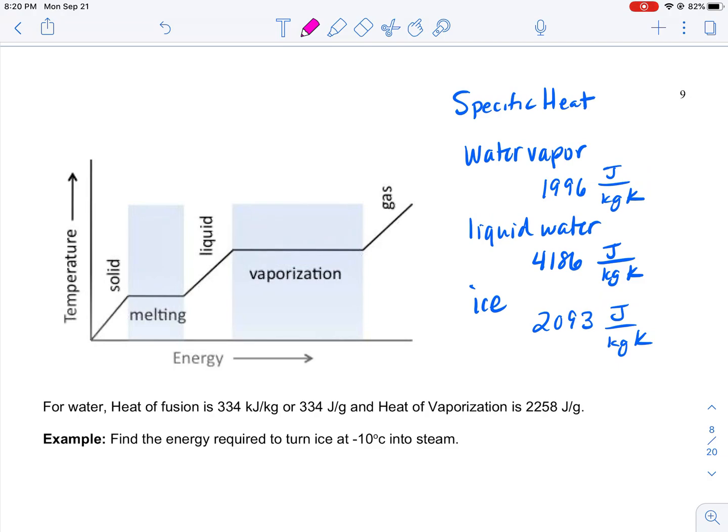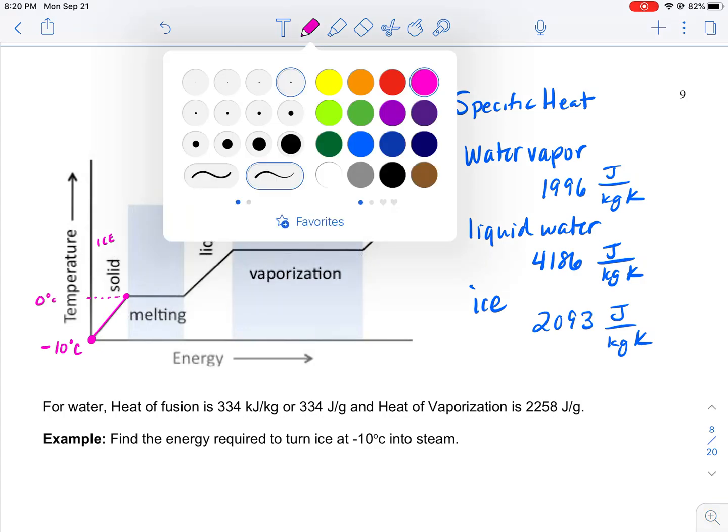So just a reminder of one of these energy graphs. Let's say we have water, which is kind of our go-to because we're familiar with it. If I've got an ice cube that is at, say, negative 10 degrees Celsius, it's going to be ice. And before I can melt that ice cube, I have to bring it up to the melting point. And for water, that melting point would be 0 degrees Celsius.